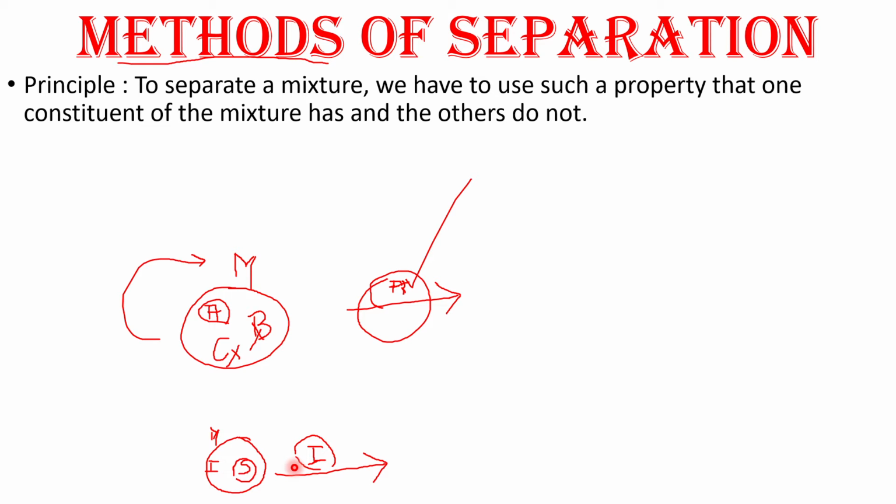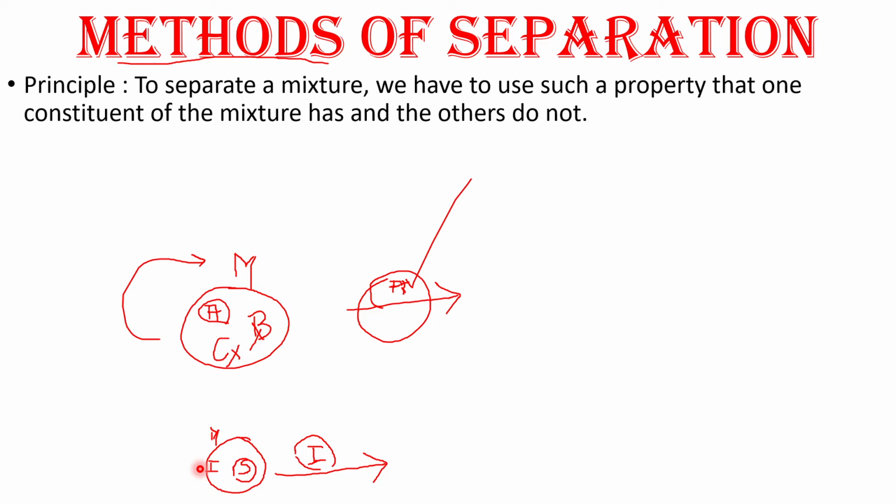Iron filings are attracted by a magnet but sulfur is not. So I have to use a property that is possessed by the thing I have to separate, and that is not possessed by any other component present in the mixture. This is the principle of methods of separation. By using the magnet, I could separate the iron filings from sulfur.